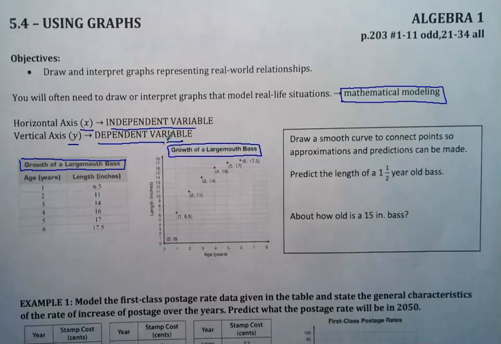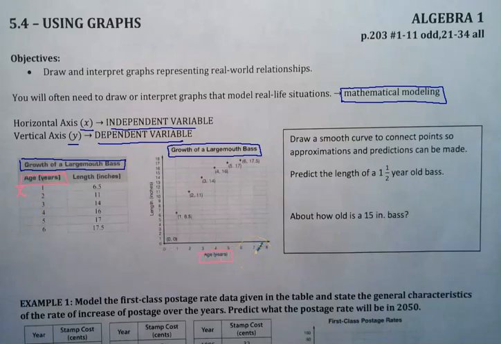Now, when we look at this information, we need to know which thing is independent and which thing is dependent. So we have the age in years and the length in inches. Our age in years is our x value. It's our independent variable, the thing that we are looking at first. Since it's our x value, it goes on the x-axis.